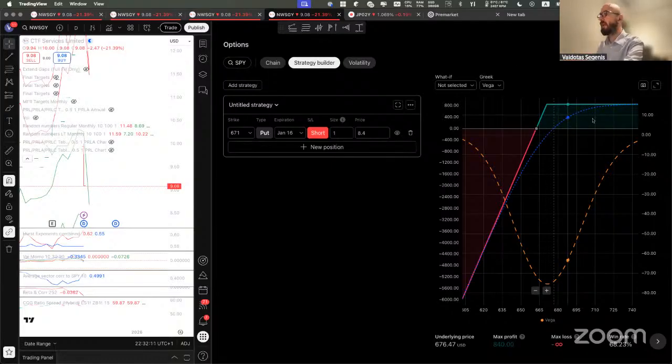So now there is this very popular strategy called the wheel strategy, where people are selling puts, collecting premium. They get assigned a stock, and then they do what's called a covered call position.